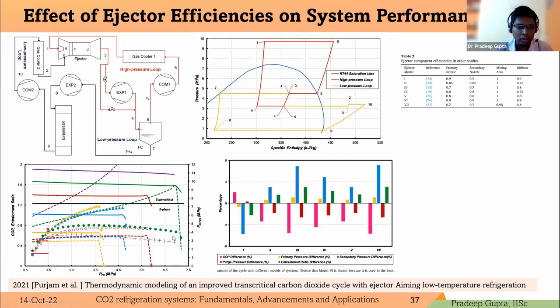Then Pujram et al. plotted the COP at different component efficiencies of the ejectors, and we can see how the COP changes with slightly changing the efficiency of the nozzle. So we need to consider these efficiencies accurately while designing the ejector.